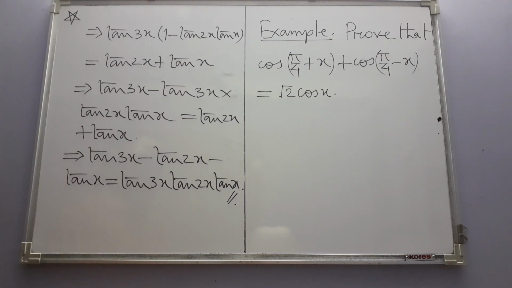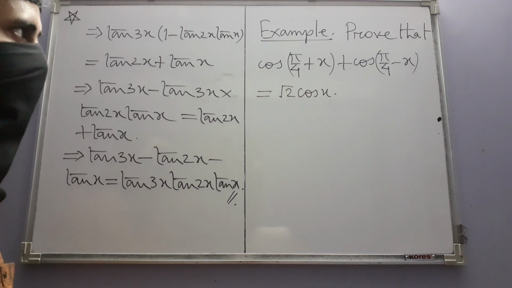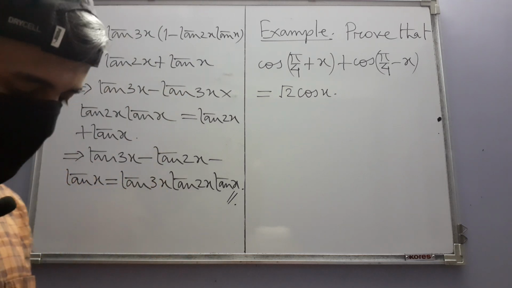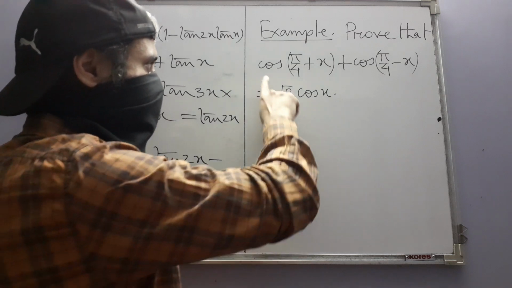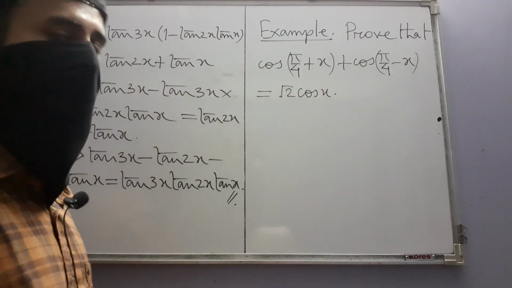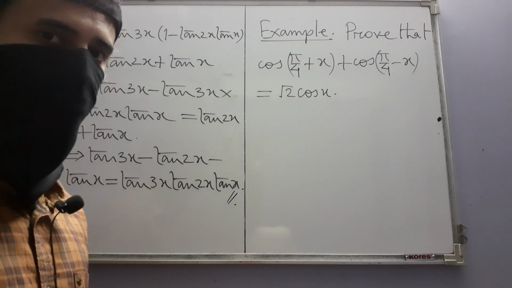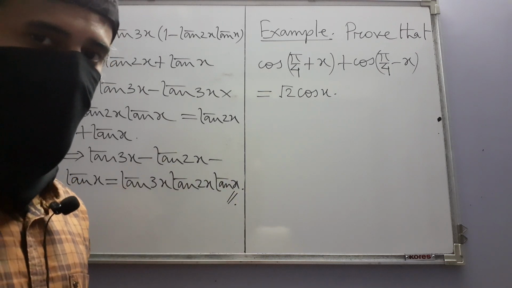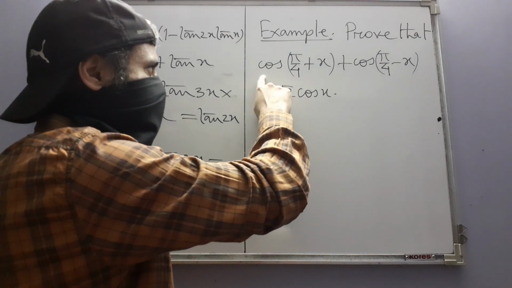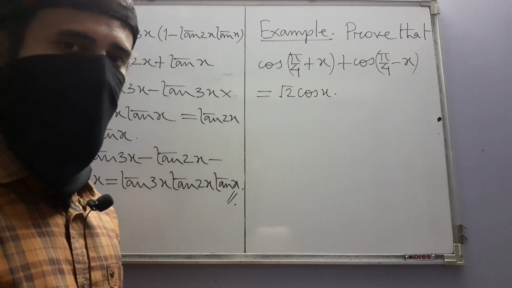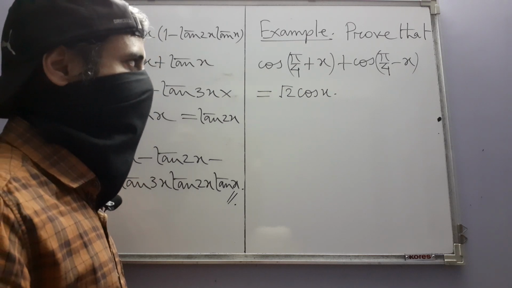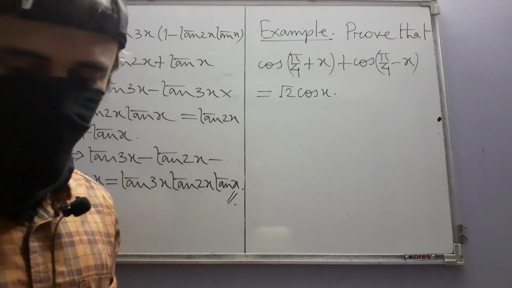Now you see there are two ways of approaching this problem. You can either use your cos x plus cos y formula, namely item number 20, first identity, or you can just expand these things. It's up to you. Since nothing is given, let's just simply expand it.